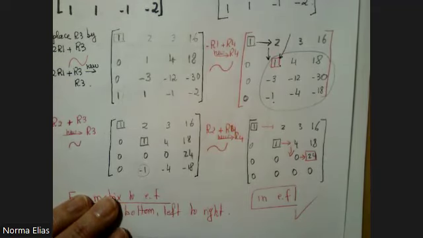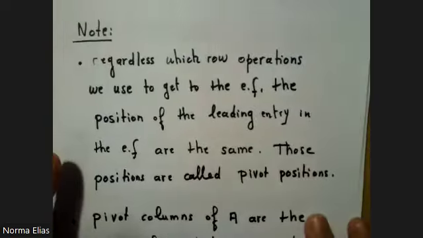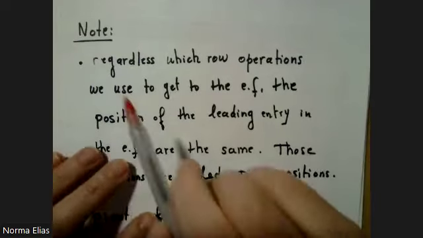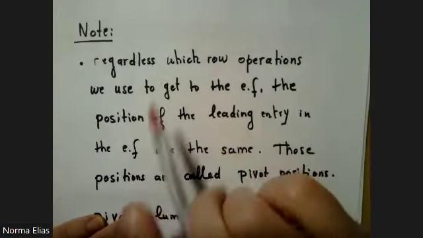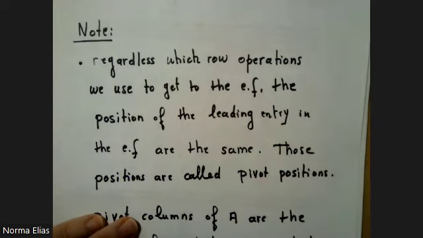The answer is yes. So this leads me to the following comment that I would like to make, which is important. Note. So as I said, students may be creative and do different row operations than I did and make the matrix in echelon form.